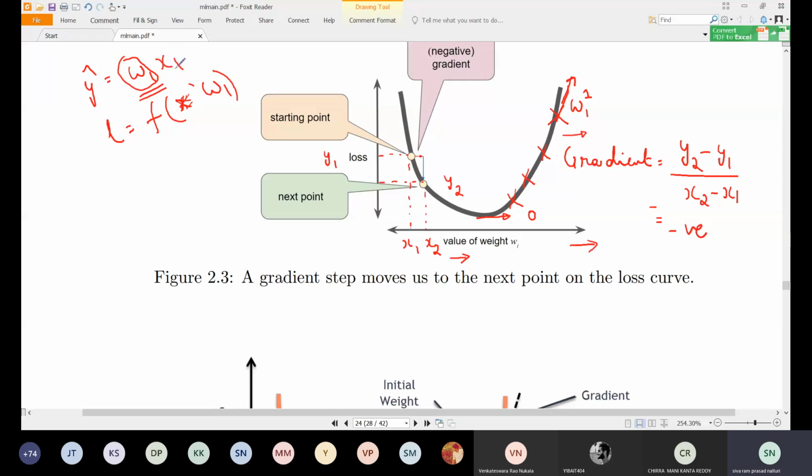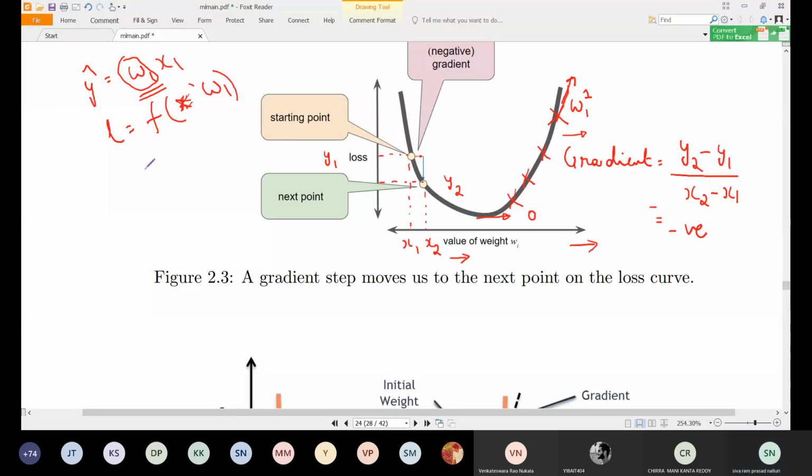For a given age, the predicted value of the BP depends upon the weight. So this is the variable. So it is a function of w1. Okay, if w1 is the worst weight, your loss function value is more. If w1 is the optimal weight, your loss function value is minimum or least possible.